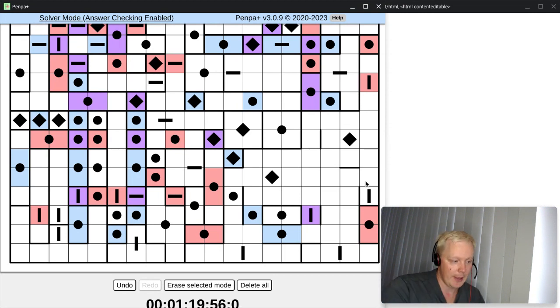And now the question remains, does this cell have to be part of the diamond as well? If it does, we know that the diamond is this shape, because that's as far as the diamond can go. But maybe something else can reach in there. This diamond obviously can't. It would be somewhere like here. Way too many symbols in front of it.